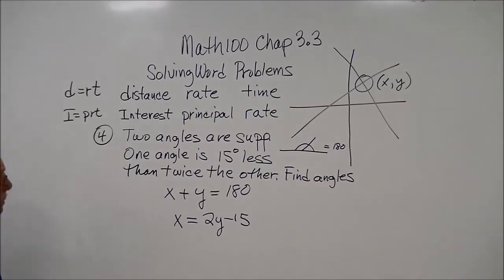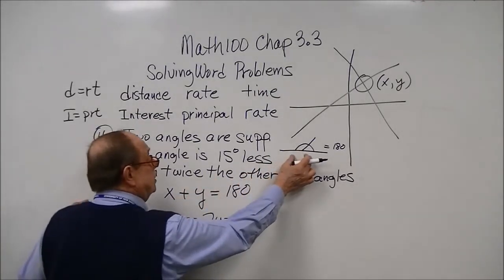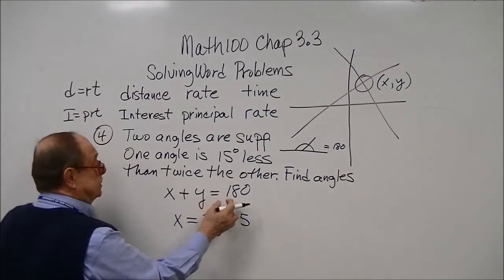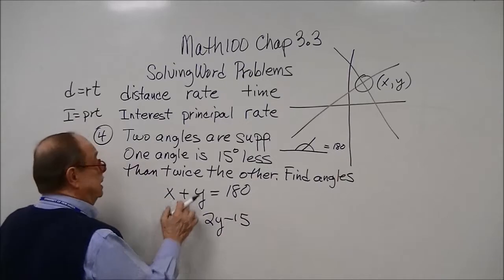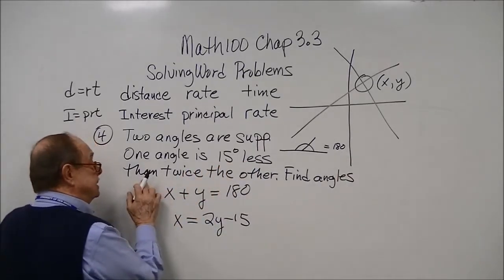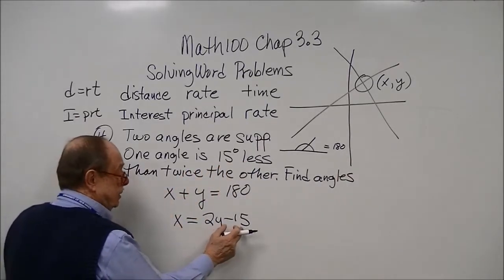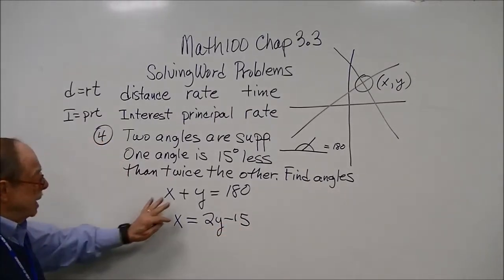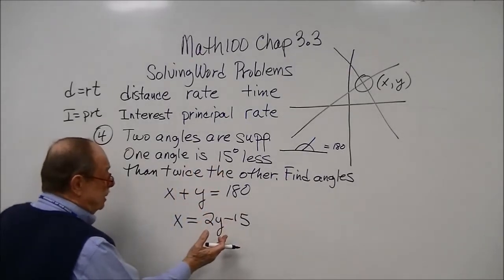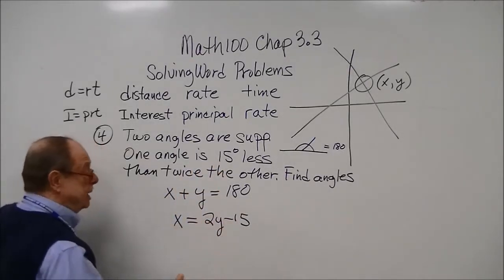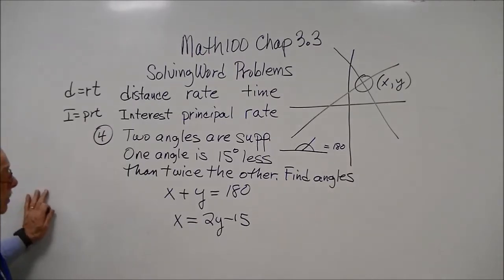So there are your two equations. Again, the angles are supplementary. That gives you your first equation. Then the other one angle is 15 degrees less than twice the other. So we didn't do a lot of practice in putting English into algebra, but you'll be picking up on it as we go along. And once again, you're asked, what method would you use here?